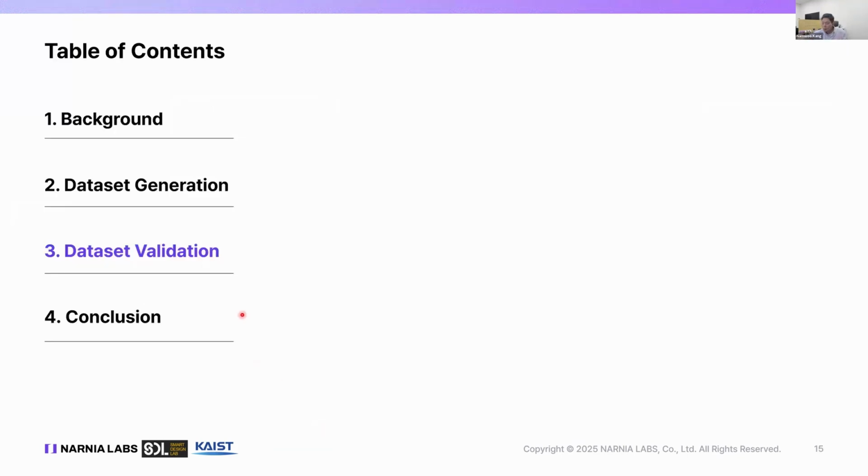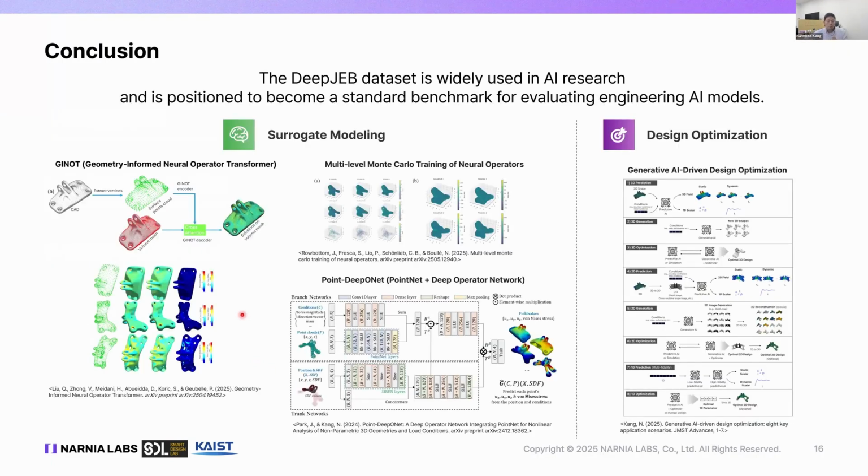This brings me to the conclusion of my presentation. In conclusion, the DeepJEB dataset addresses the critical issue of data scarcity in engineering. It is 5.6 times larger than the SimJEB dataset and provides more accurate and comprehensive data. As a result, DeepJEB is already being used in research for tasks like surrogate modeling and design optimization.